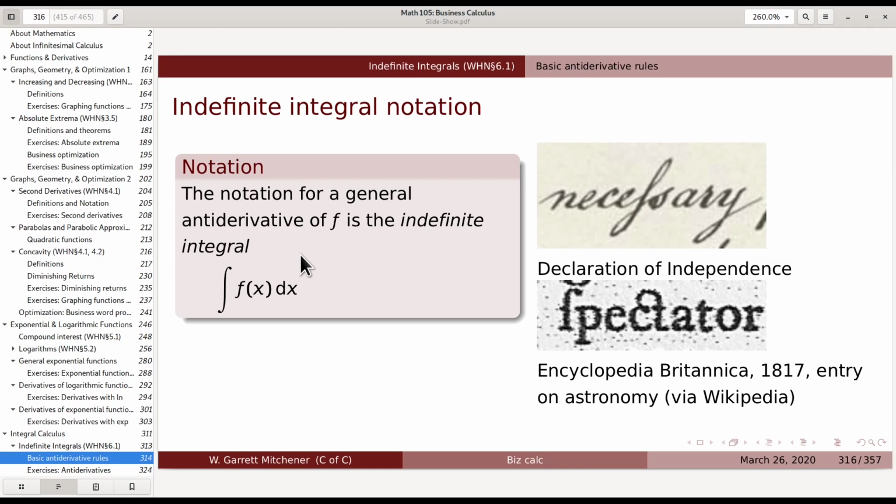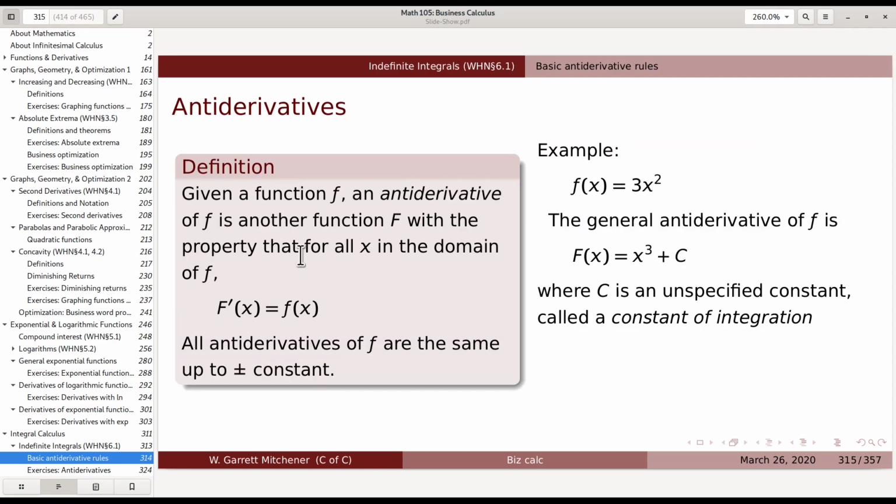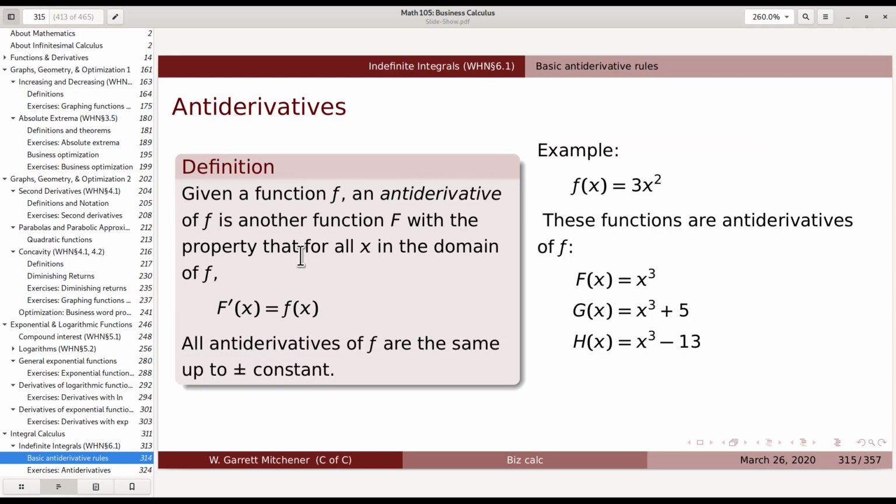Okay. Now, all of the rules that I'm about to show you for antiderivatives are derived directly from derivative rules. And just to give you a little bit more of an explanation, if you wanted an antiderivative of 3x squared, well, the derivative of something that would have an x squared in it, you could imagine that you maybe used the power rule on something to get that x squared.